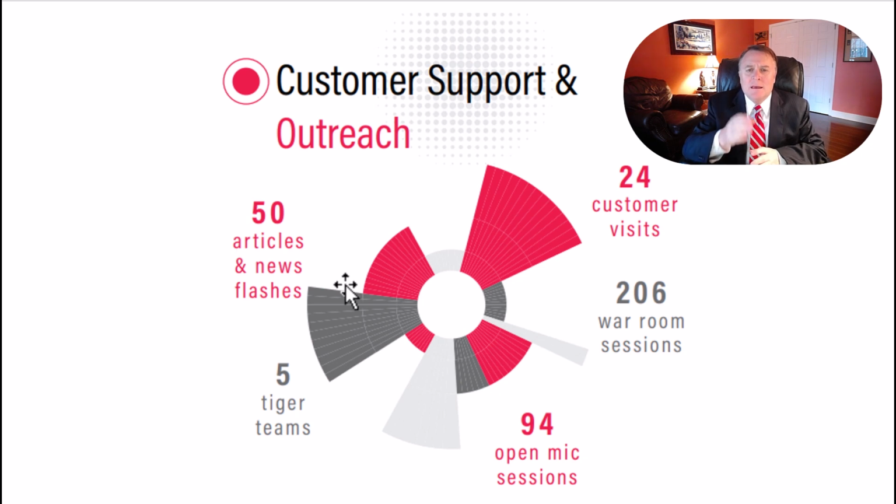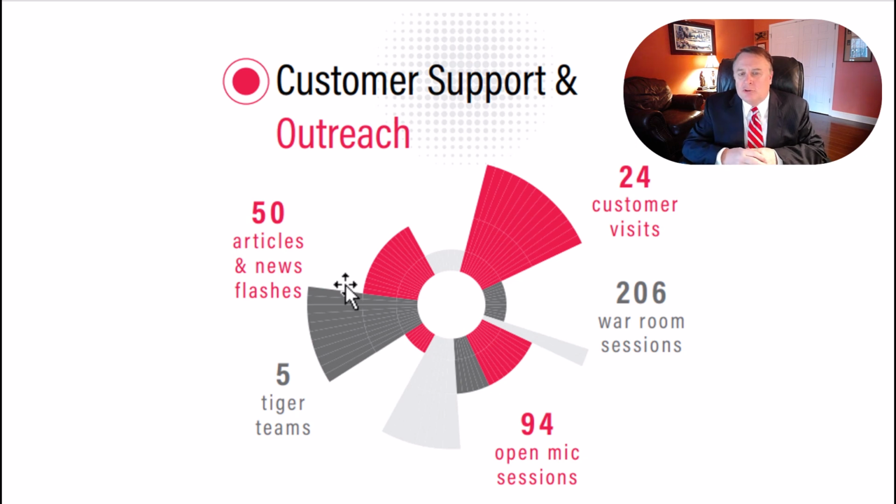Look, these war rooms, everything you see on this slide, is not mandatory, by the way. You don't have to do this. But if you proactively reach out during a modernization project, I promise you that it will work to your benefit.